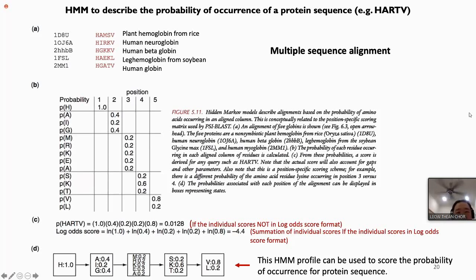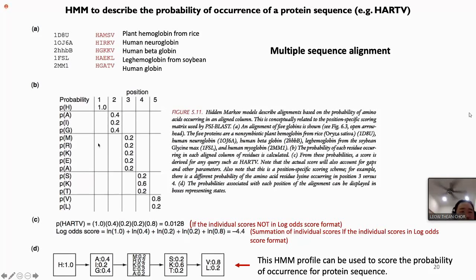For this score, you have to multiply the matched individual probabilities if the probability is not listed in log format. From here, the probability is not in log format, it is in the normal format.